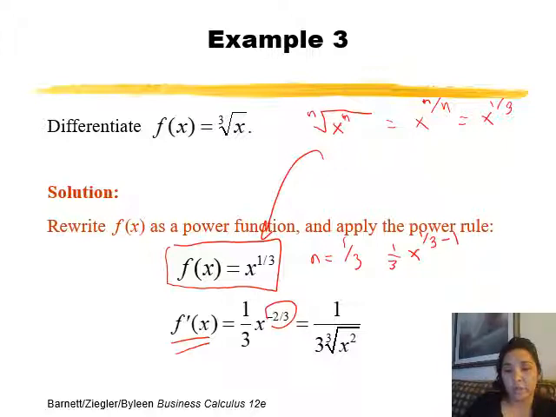You want to rewrite that to get rid of that negative exponent, and now you have 1/3 the cubed root of x squared, and that's how you read this. This guy right here is the cubed root of x squared, okay?